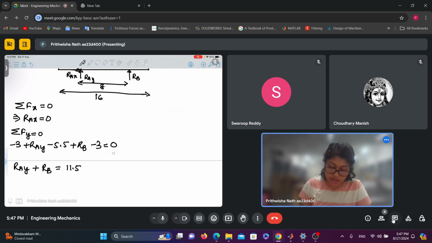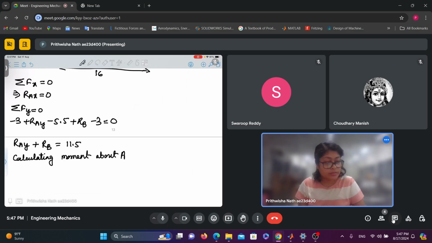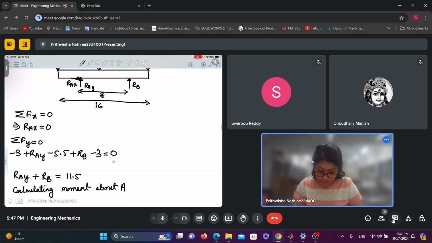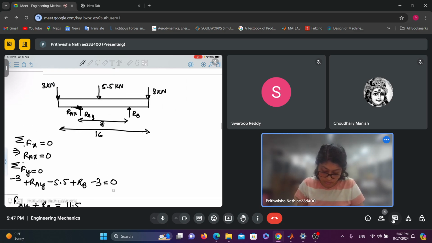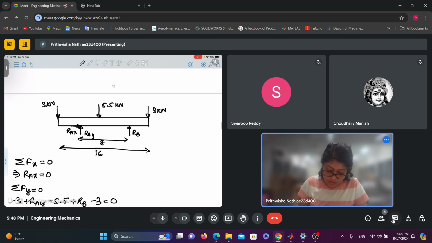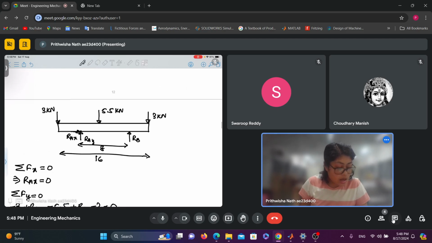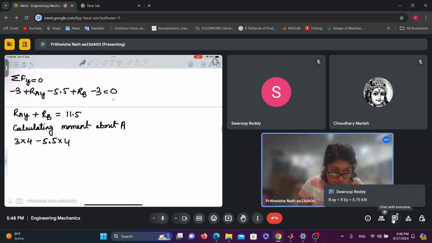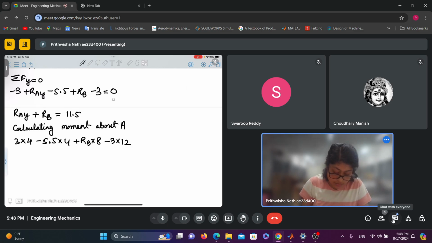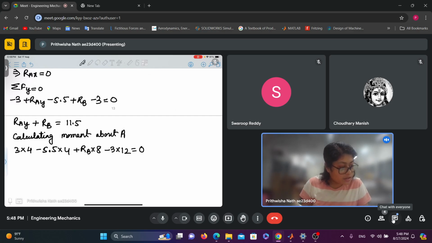Now calculating moment about A. Three into 4 minus 5.5 into 4 plus Rb into 8 minus 3 into 12 equals 0.